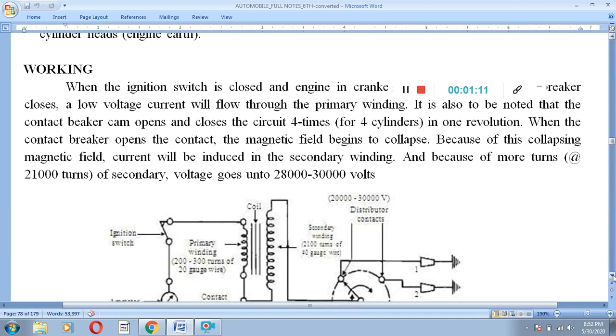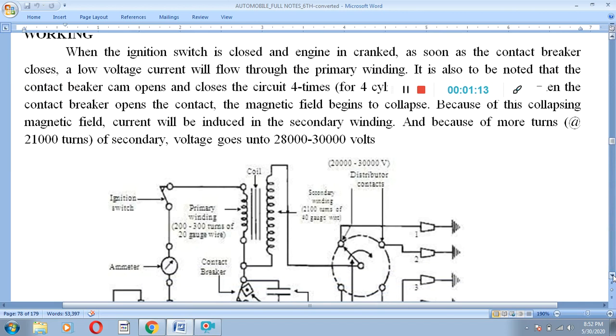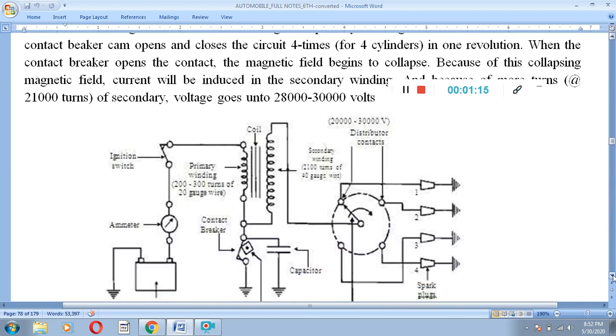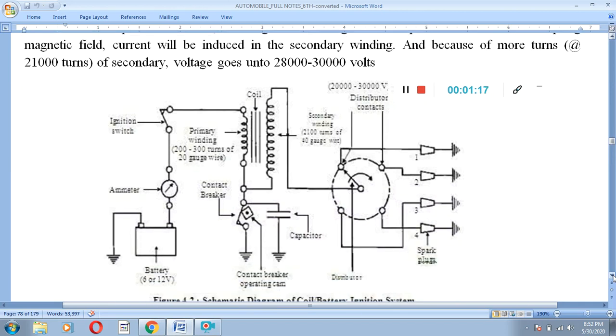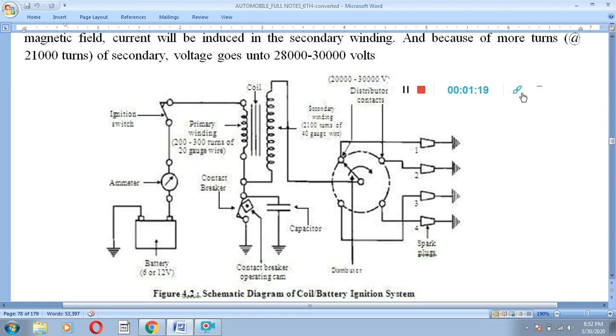So this is the diagram, the schematic diagram of the coil or battery ignition system.